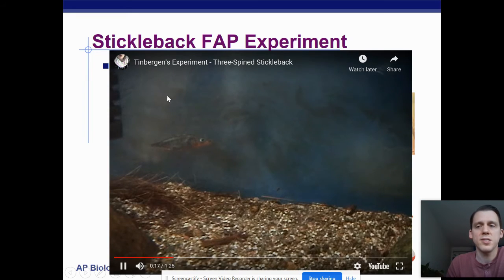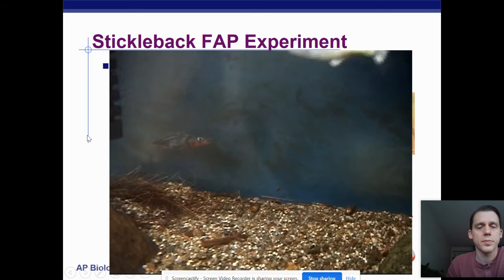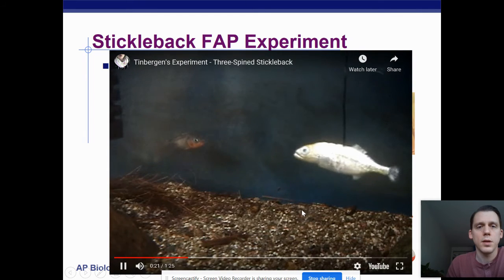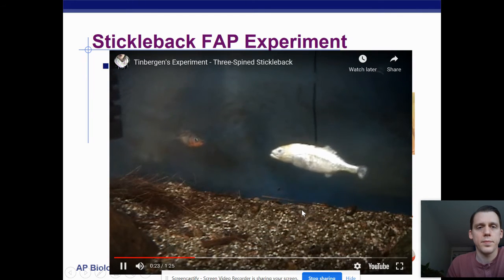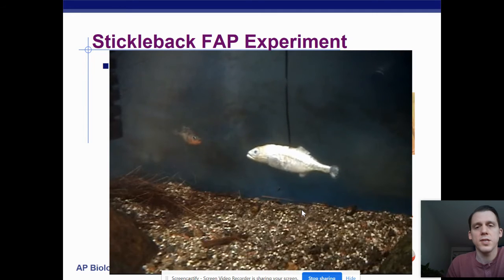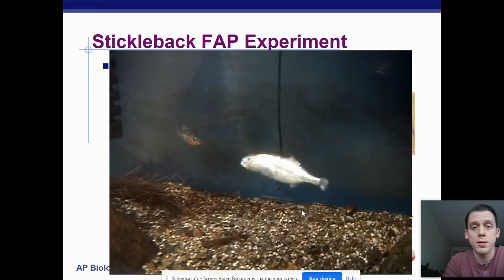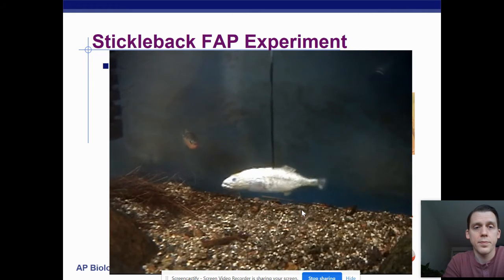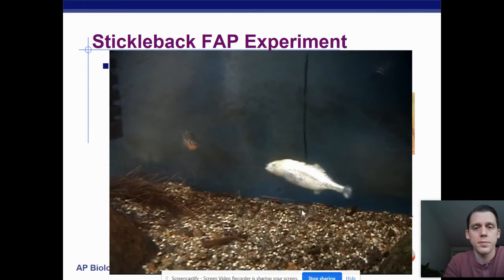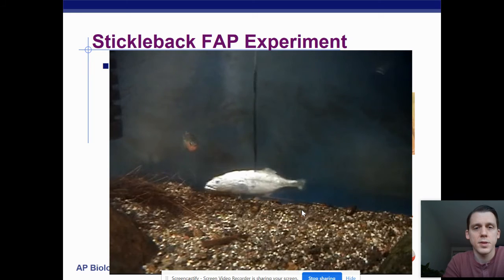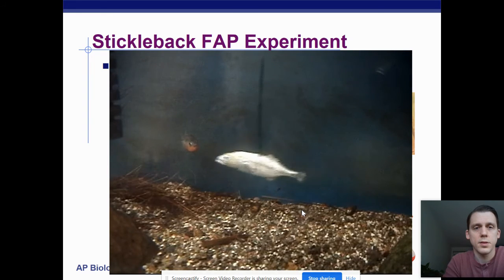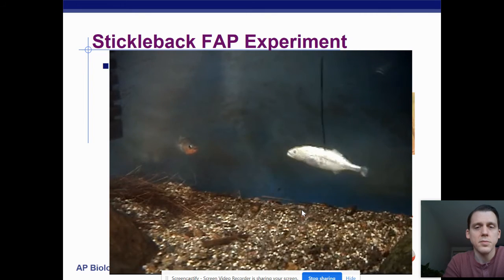All right, here's our male stickleback. Looks like non-aggressive behavior. Okay, let's see what happens next.